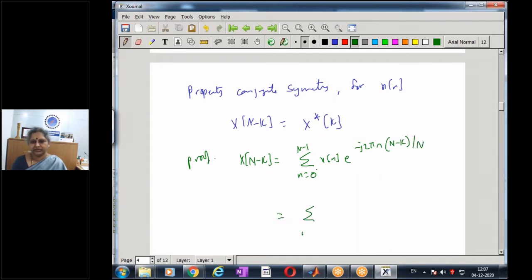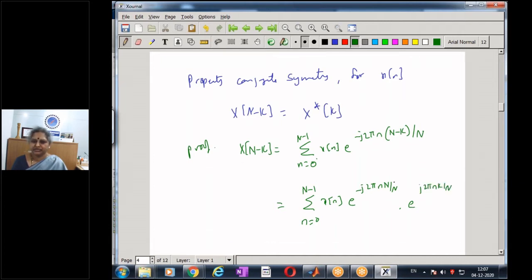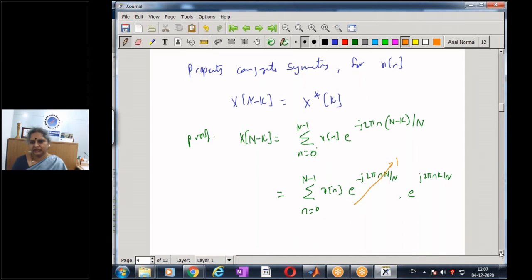And this becomes sigma n equal to 0 to N minus 1 x of n e to the power of minus j 2 pi n N by N as one term, and the other term is e to the power of j 2 pi nk by N. And once again, N gets cancelled, and hence this term tends to a 1.